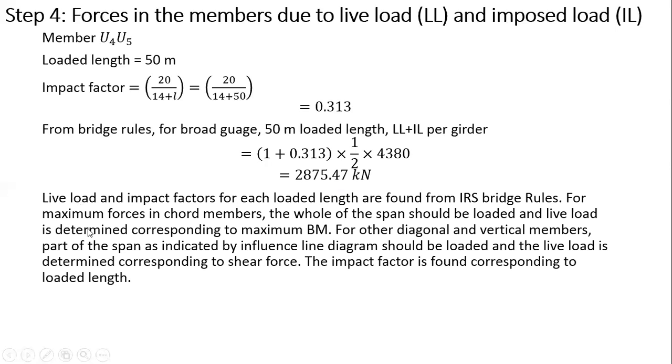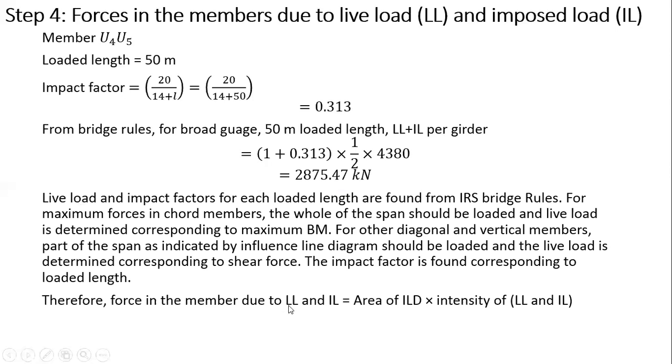Now, this is the theory which I already explained to you, so I will not discuss it again here. Therefore, force in the member due to live load and impact would be the area of the influence line diagram into the intensity of live load and impact load. Area of the IL diagram is half, this is my base for the top chord member, this is my height of the IL diagram, into the intensity of live load.